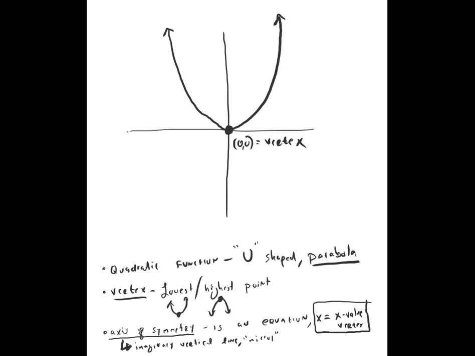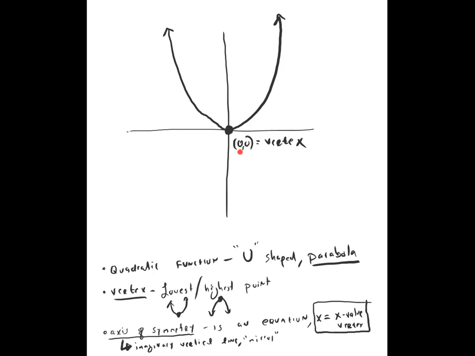Taking a look at this graph here, I state that the axis of symmetry is an equation, and it's x equals the x value of our vertex. Here's our vertex. X value is 0.